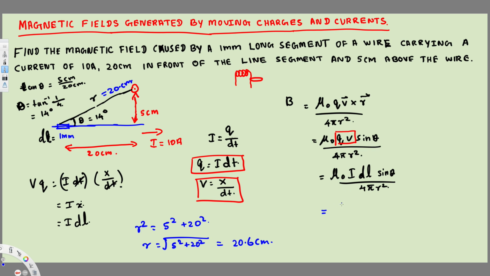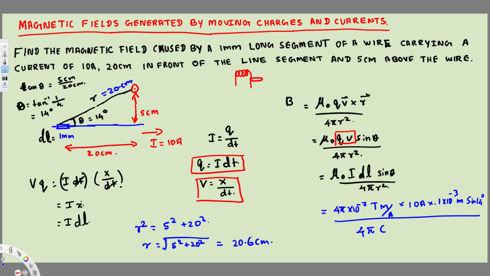So let's go ahead and plug it in. So mu naught, we know that 4 pi times 10 to the power of minus 7 Tesla meter per ampere, times I is current, that is 10 ampere, right? 10 ampere times the length. It's in millimeter, so we have to convert into meter. So we can write 1 times 10 to the power of minus 3 meter, and this is going to be sine 14 degree, divided by 4 pi times r.